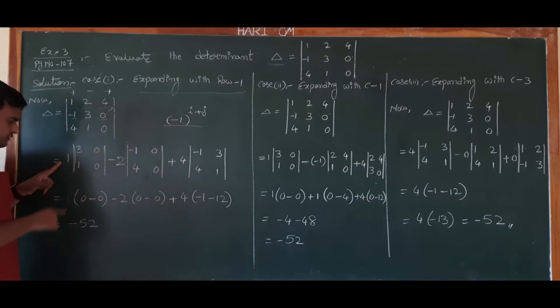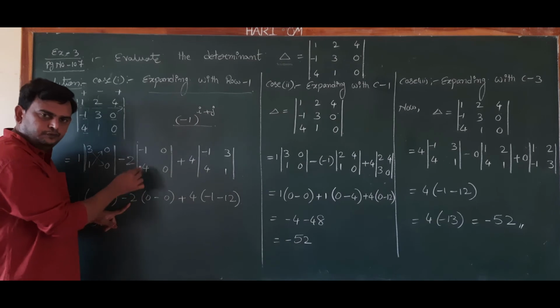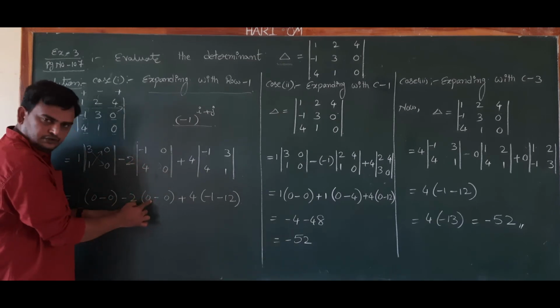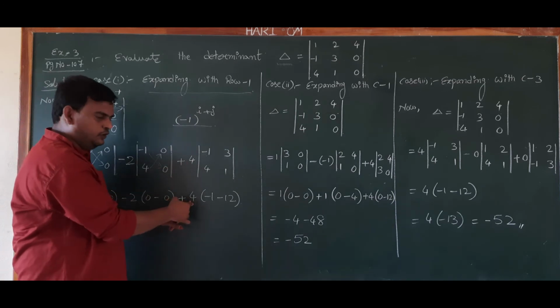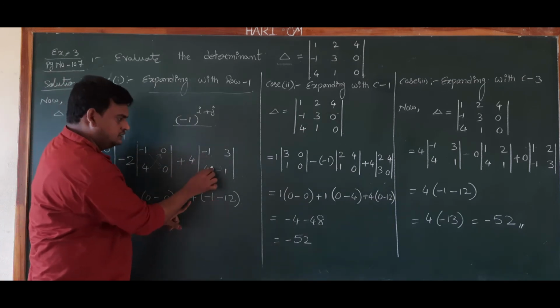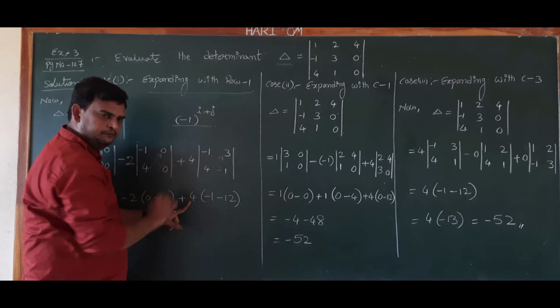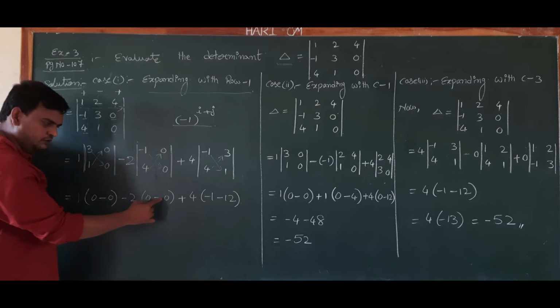Now you can simplify. 1 into the determinant: 3 zeros are 0, minus 1 zeros are 0. Minus 2 into: minus 1 into 0, 0, 4 into 0, 0. Plus 4 into: minus 1 into 1, minus 1, minus 4 3s are 12. Now 0 minus 0, 0 into anything is 0, 0 minus 0, again 0.